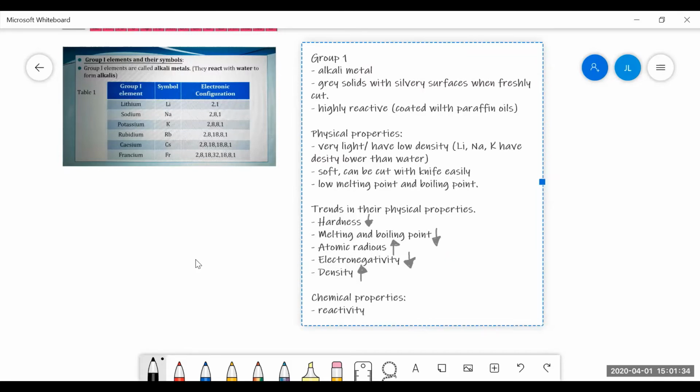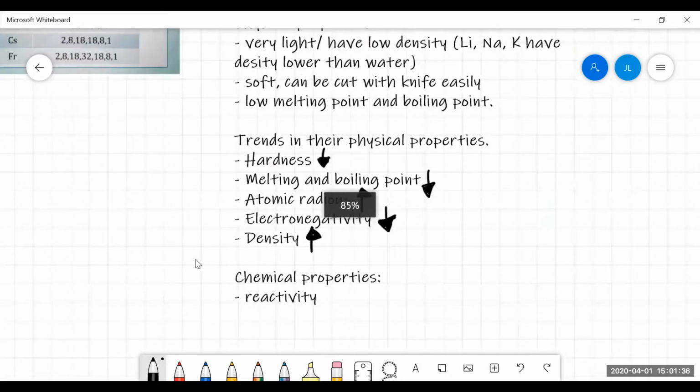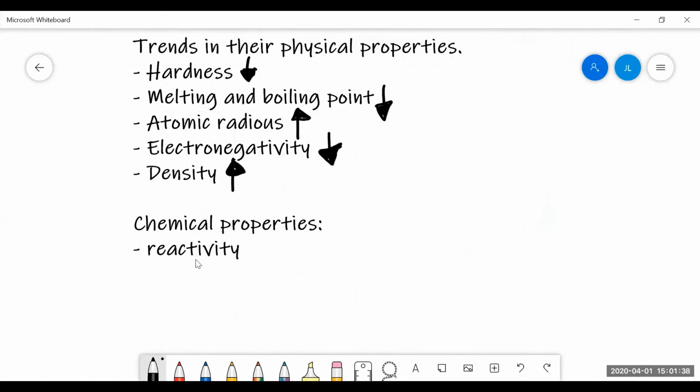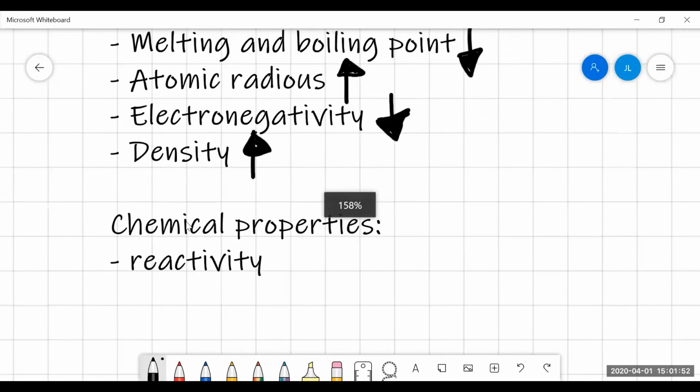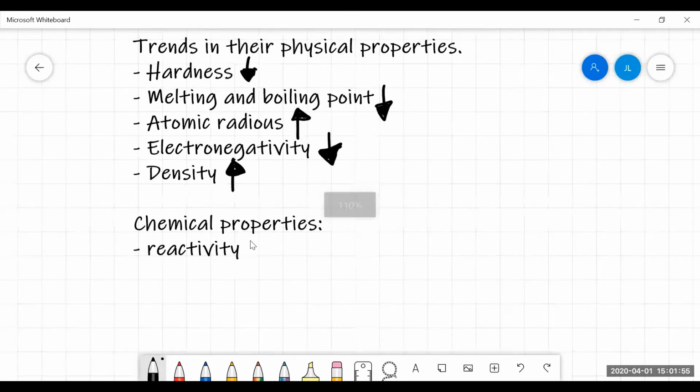So as we move down the group, what happened to reactivity? Increase or decrease? Decrease.